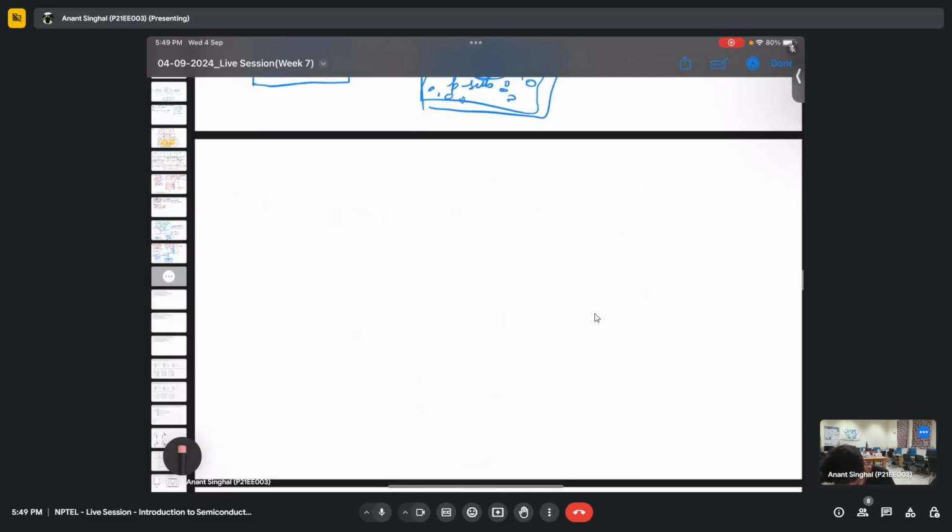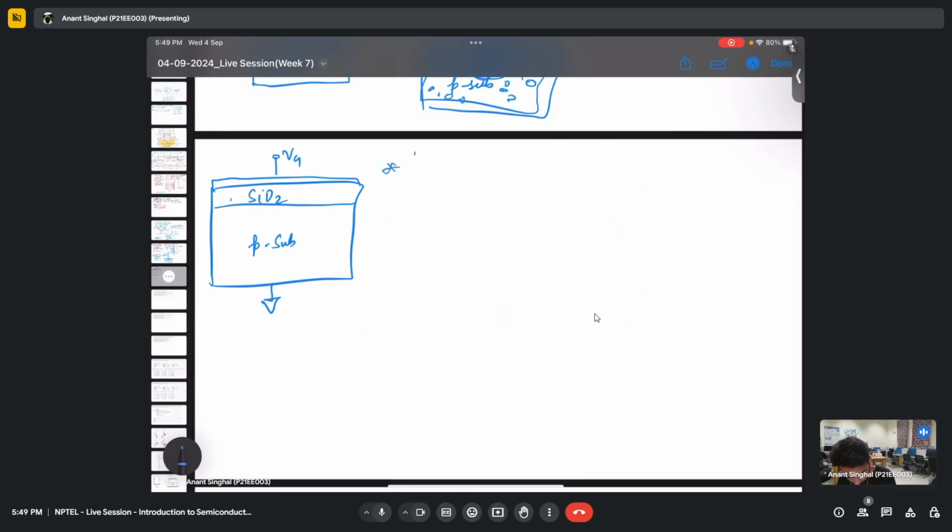What I can do is, let's say we have this semiconductor with this VG. This is a P-type substrate, and this is ground. So let's now play with the gate voltage.